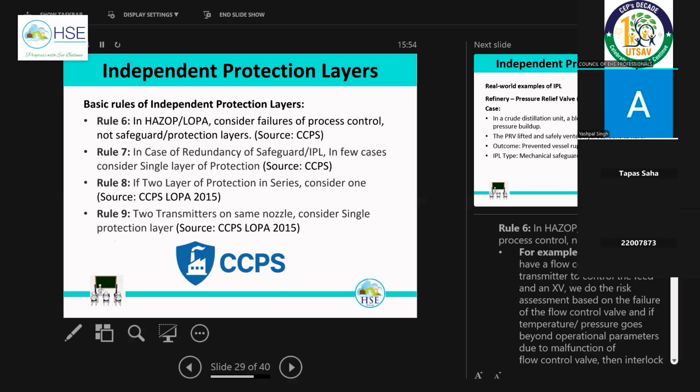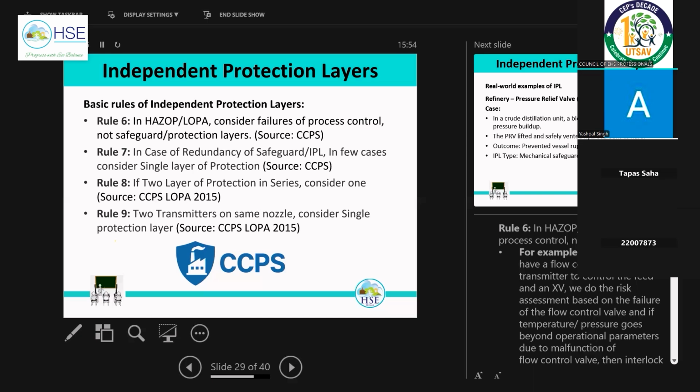In that case, our basic flow control system, that is the raw material A flow control system, is our basic process control, not the safeguard, because we are adding the raw material through a particular process control only. So we can take the failure of the raw material A flow control system and consider that as a cause.